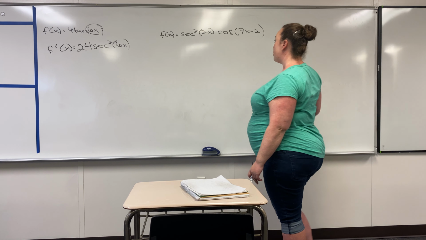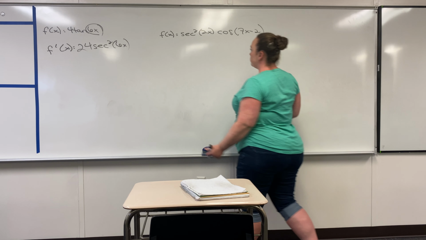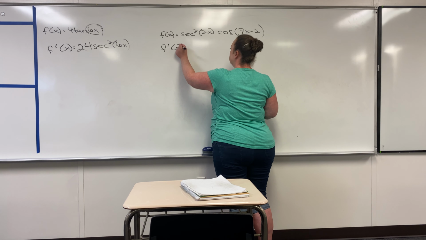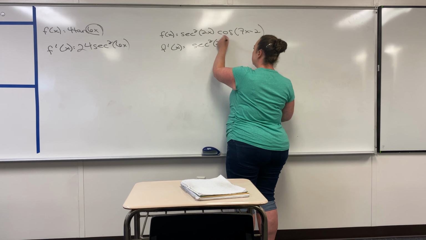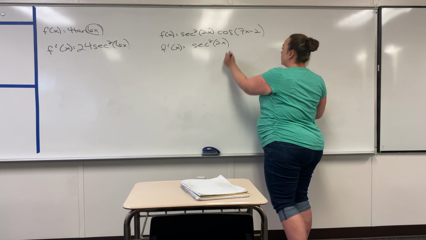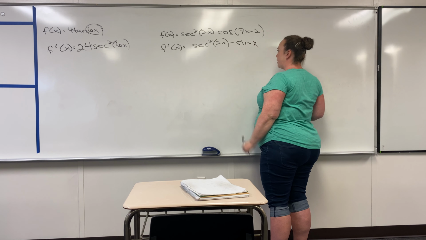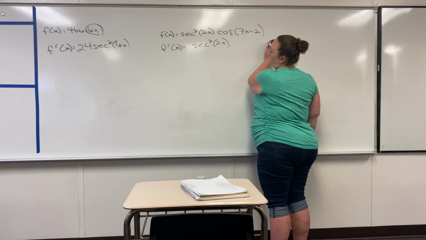So, same thing, it's a product, that means you have to do product rule. So, product rule, you've got first, derivative of second. The derivative of cosine is a negative sine. Don't write it like that, because now it looks like a minus sign instead of a negative. That's not great.